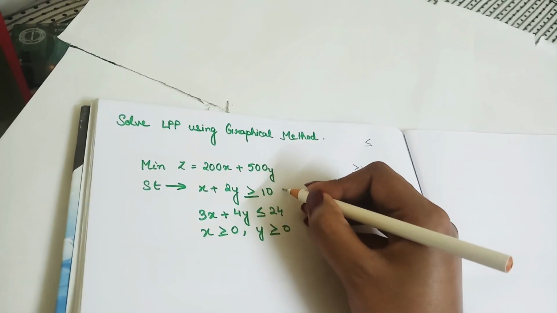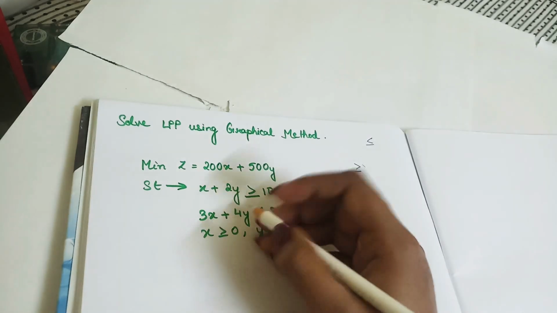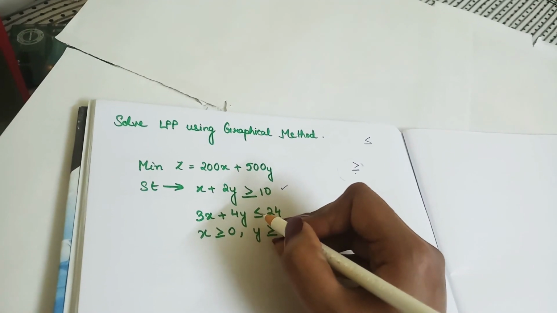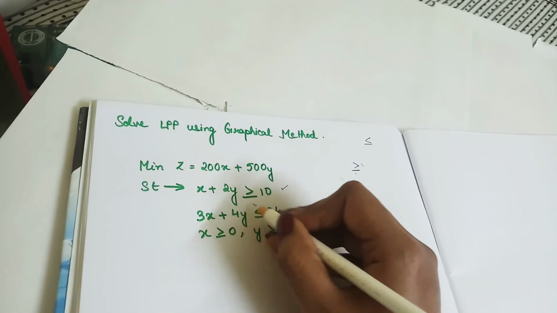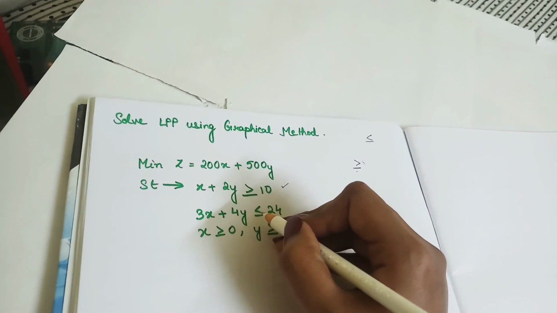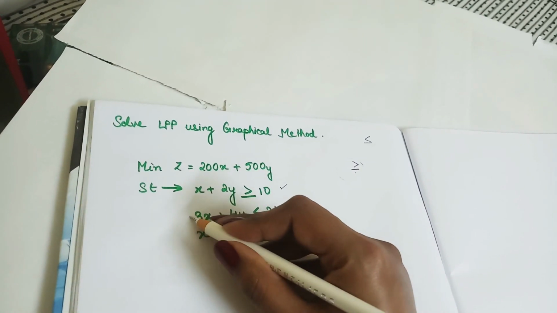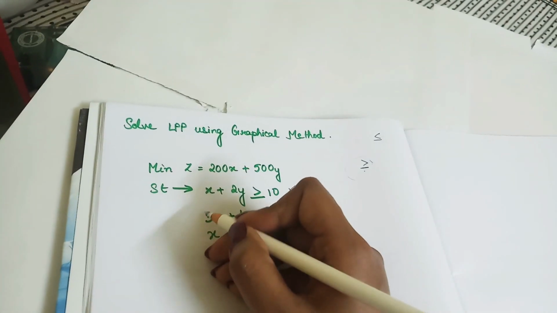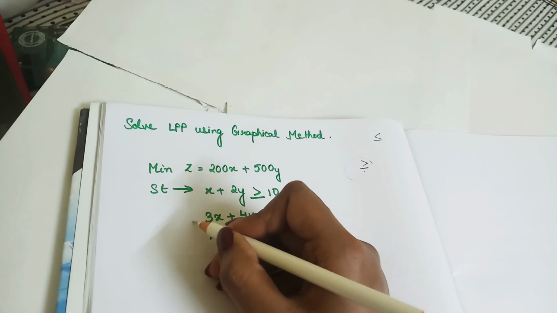So this sum is okay for the first constraint. In case of this one, it's less than equal to. So what I'm going to do, simply I'm going to change the sign. How to change the sign? You just need to change the sign simply. This is positive, so this will be minus 3x.